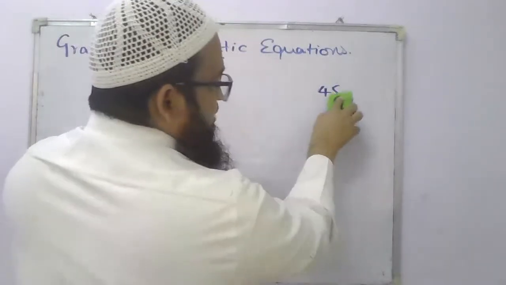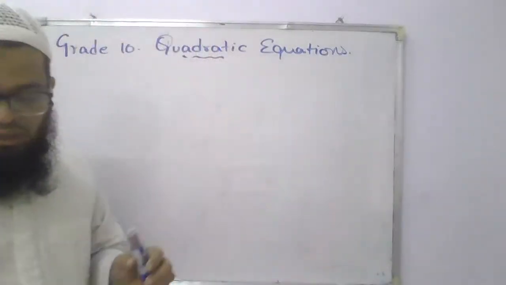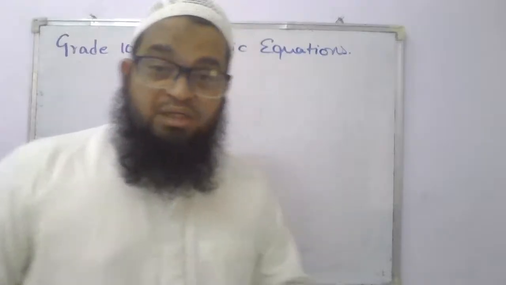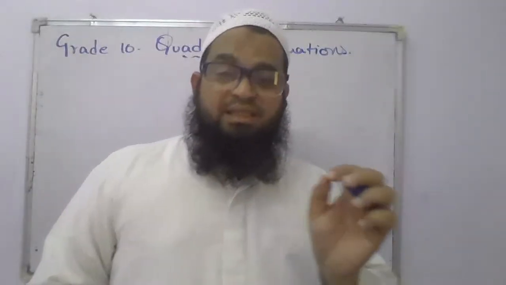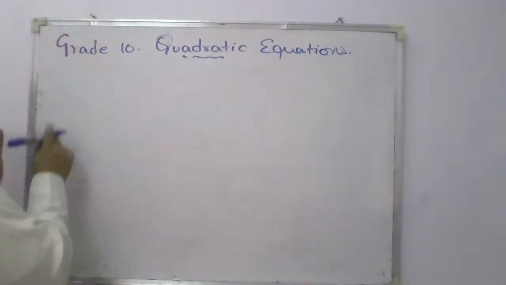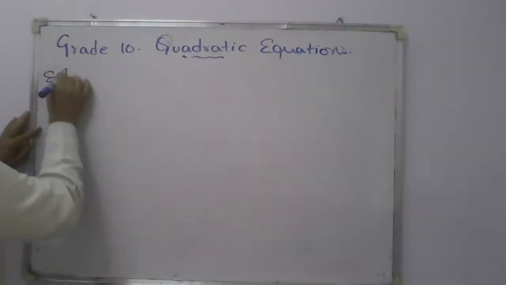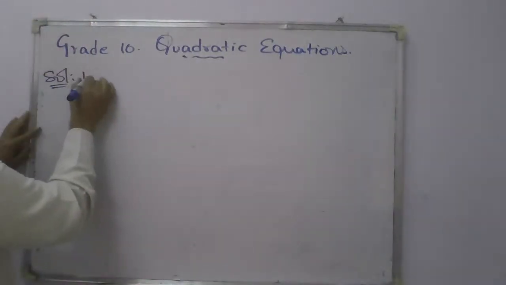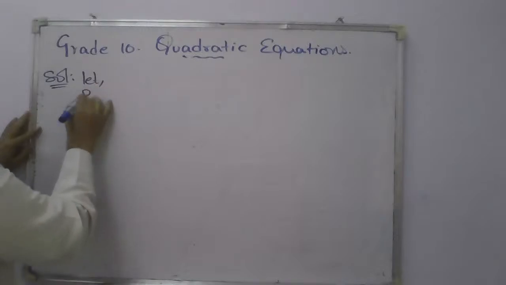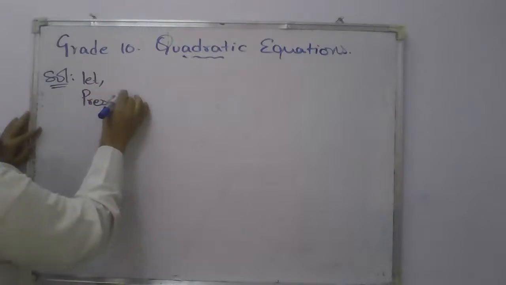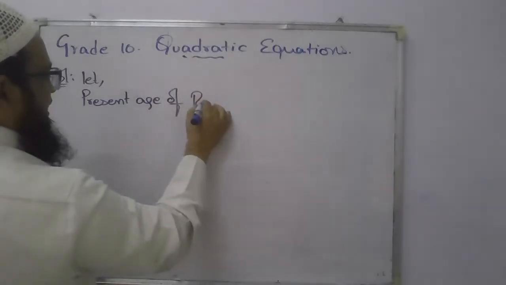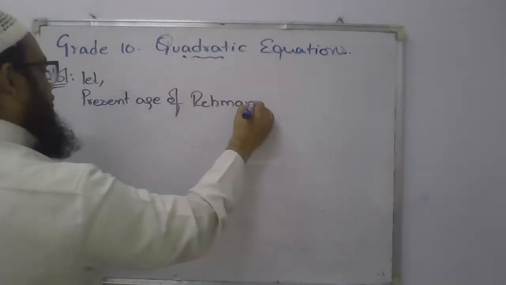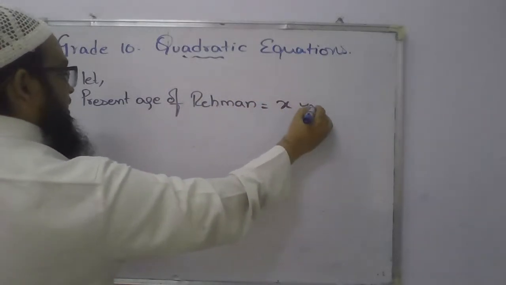But did he give Rahman's present age? No. He did not give Rahman's present age, and the question says find his present age. So now, how to find a solution, my dear students? Let the present age of Rahman be x years.